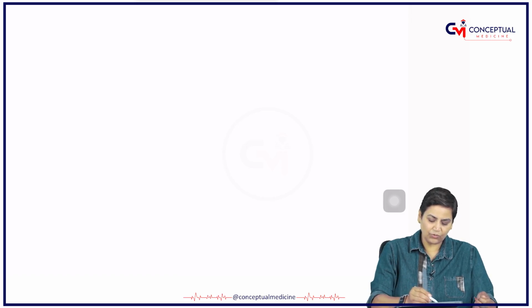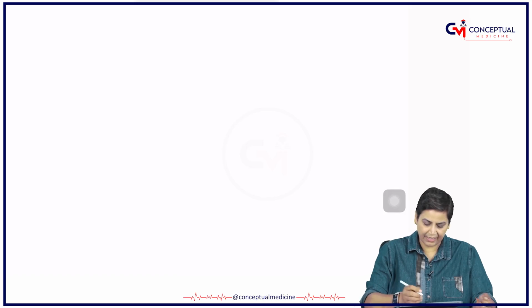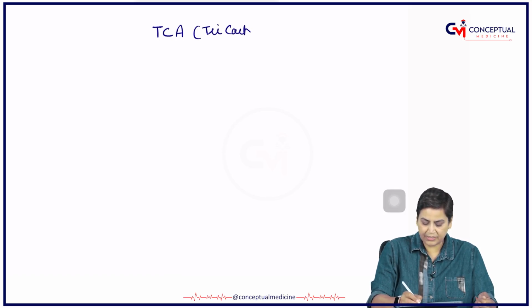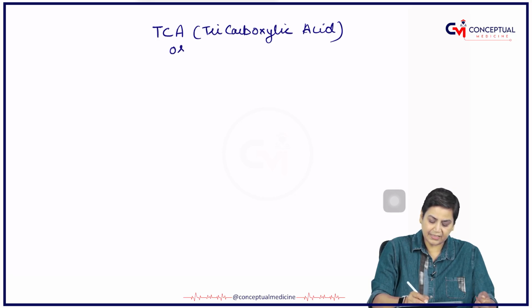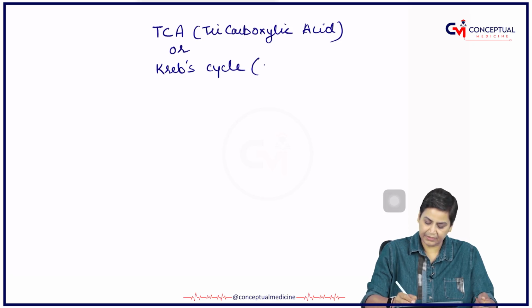Now again we are going to follow the same pattern as we are following in the rest of the pathways or cycles. First of all, let's write it: TCA. It stands for tricarboxylic acid, also known as Krebs cycle because it was discovered by Sir Hans Krebs.